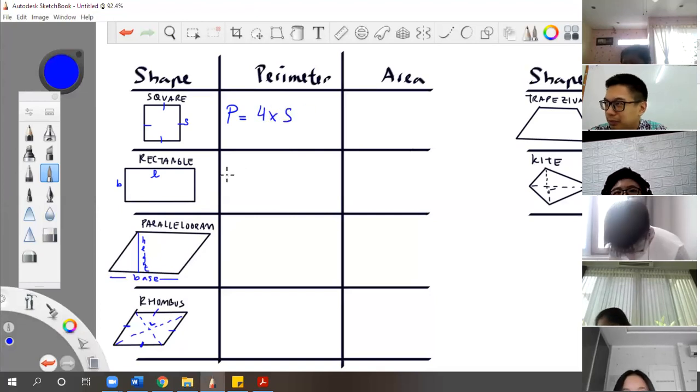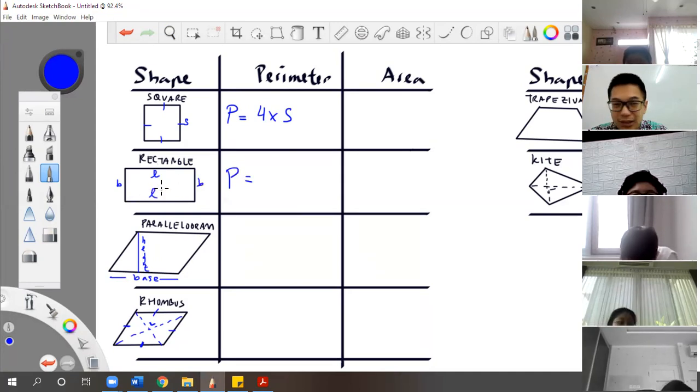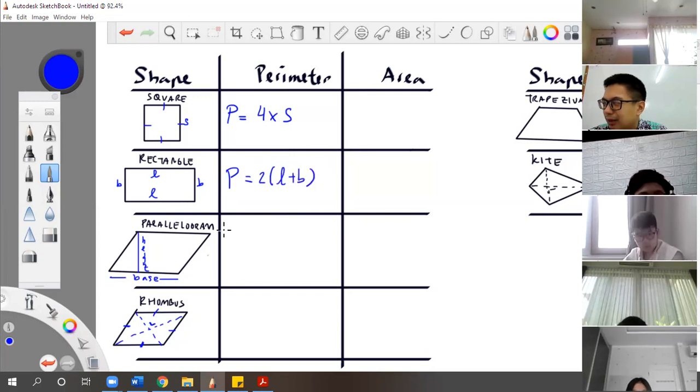Okay, 4 times side. Perimeter of rectangle, simple: breadth plus length plus breadth plus length, because they share the same size for the opposite sides. So 2 times bracket, length plus breadth. And parallelogram, no formula, sum of all sides, all edges, right?